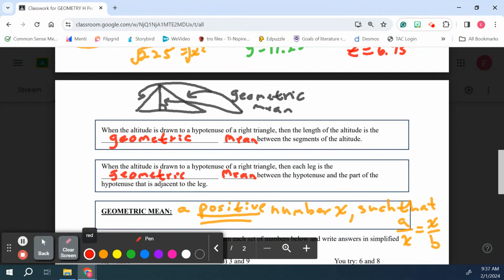Okay? I'm going to highlight them. So this, that. Okay? Does that make sense? So those are what you're kind of using. Those are the geometric means for something like this. And I forgot. I need a right triangle right there.